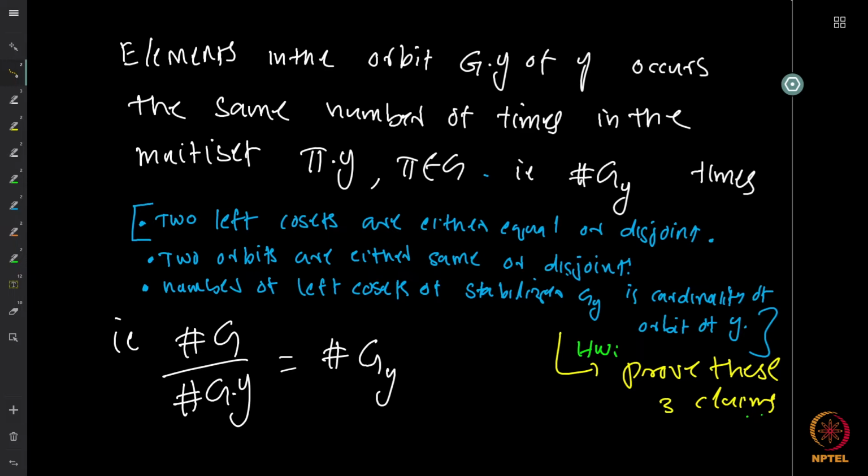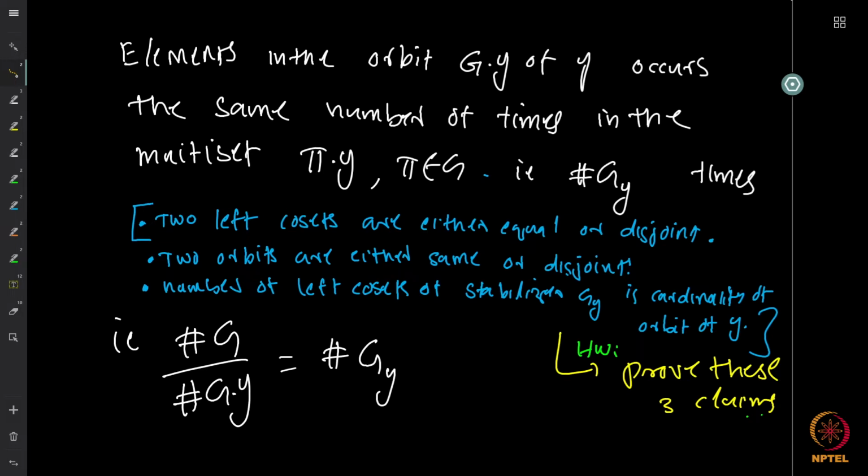Okay. Now the number of left cosets of a subgroup is the cardinality of the orbit of y, right? So the index of the stabilizer G_y is the cardinality of the orbit of y. How many elements are there in the orbit? That is the number of left cosets of the subgroup G_y.